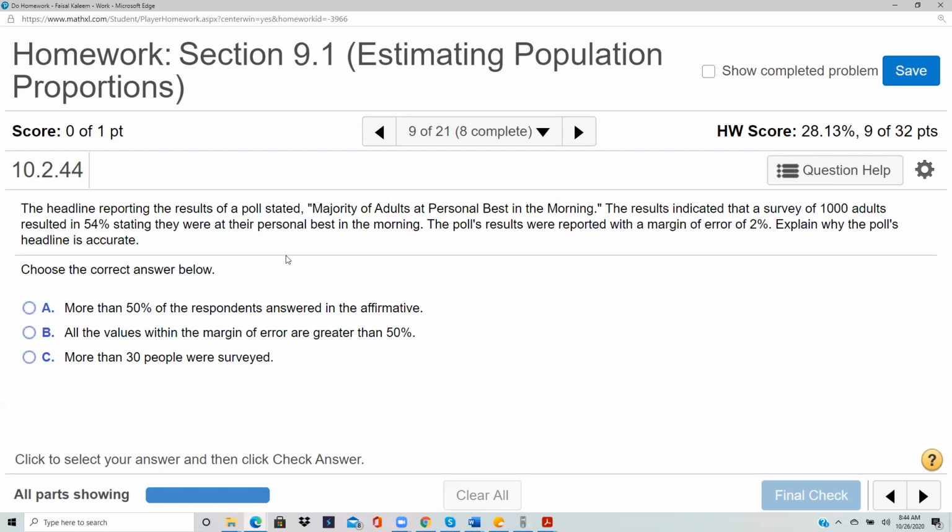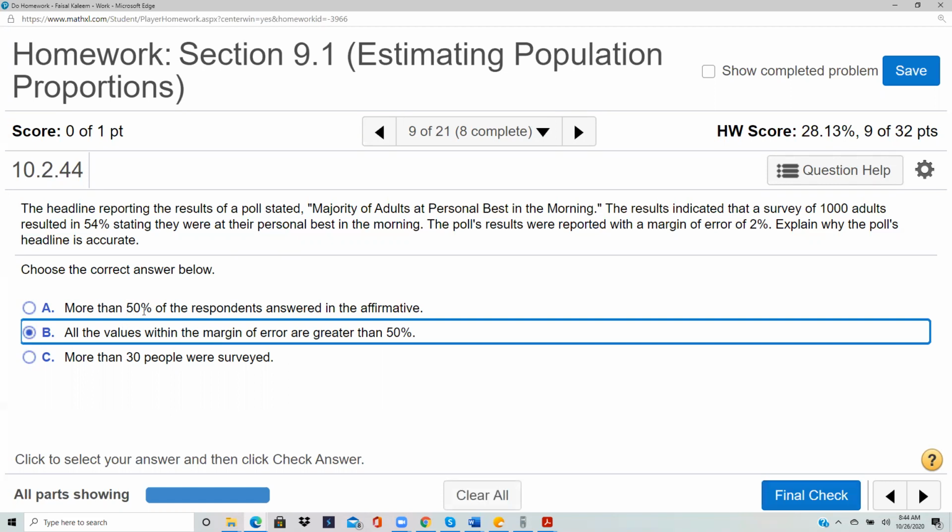And all the values in the 52 to 56% interval are greater than 50%. So all the values are majority values, and that's why the heading is correct. All the values within the margin of error are greater than 50%.